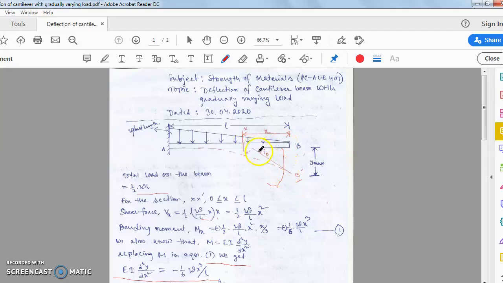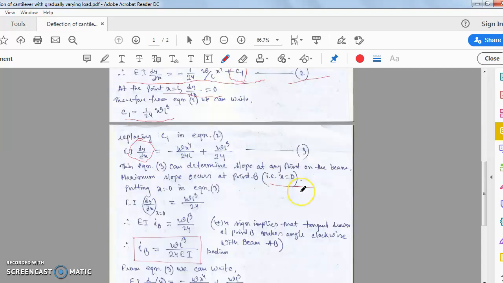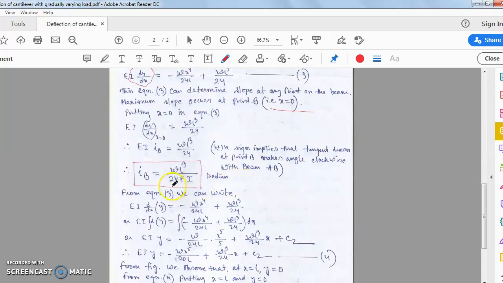So the slope at point B, iB, equals W L cube by 24 E I radian.